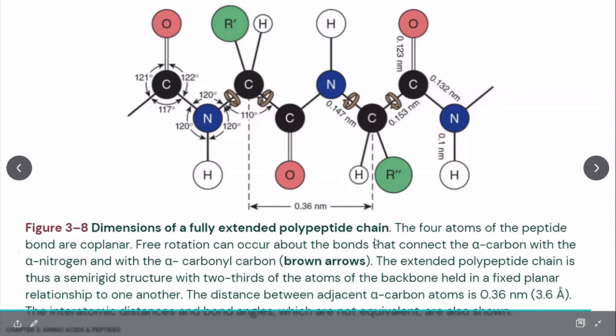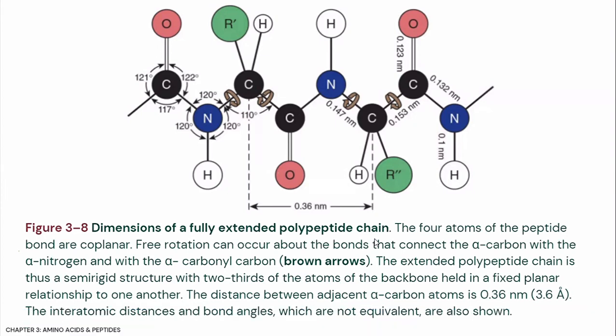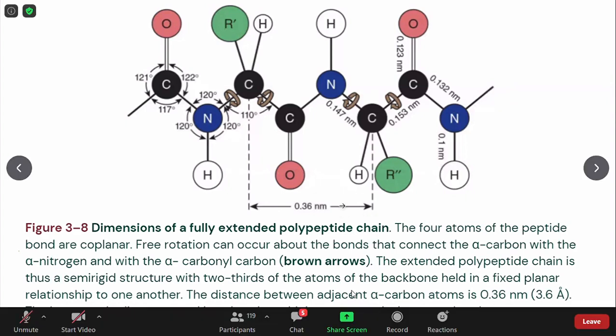Now, although this is not important, I'm only asking this because when I took my board exam, I was not able to answer this. What is the length between two alpha carbons in a polypeptide chain? Two adjacent alpha carbons. That's 0.36 nanometer or 3.6 angstrom.